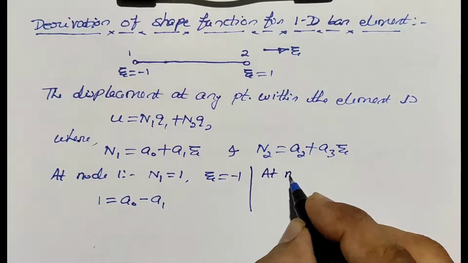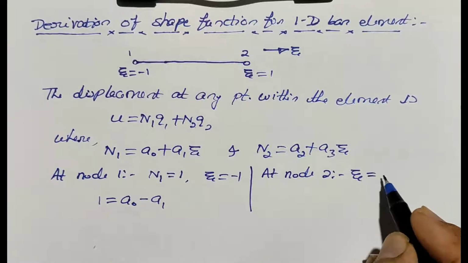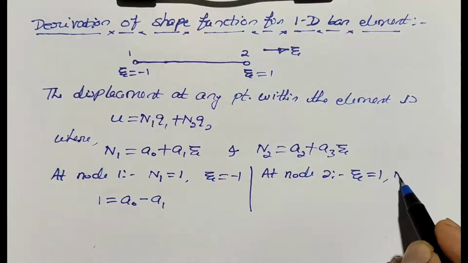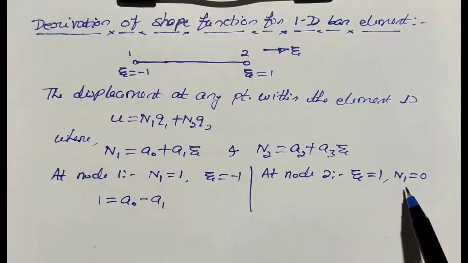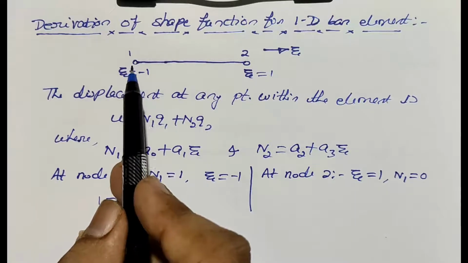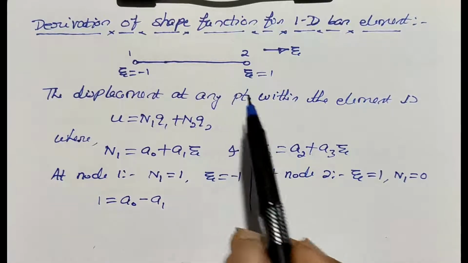Next, at node 2 we have zeta is equal to 1. At node 2 zeta is 1 and N1 will be equal to 0, because N1 corresponds to node 1. At node 1 the value of N1 is equal to 1, but at node 2 the value will be 0.